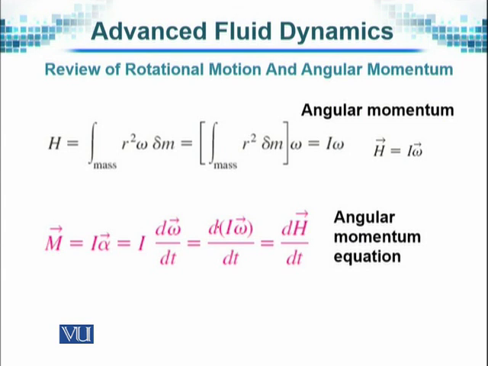We denote I into omega, the inertial effect, as H, and H is given by the integral that you see, and therefore M is equal to I into alpha, where alpha is the angular acceleration, equal to d omega by dt. This can be written as d(I omega) by dt, and I omega can be written as H. We normally write it like this, and therefore M can be written as dH by dt.